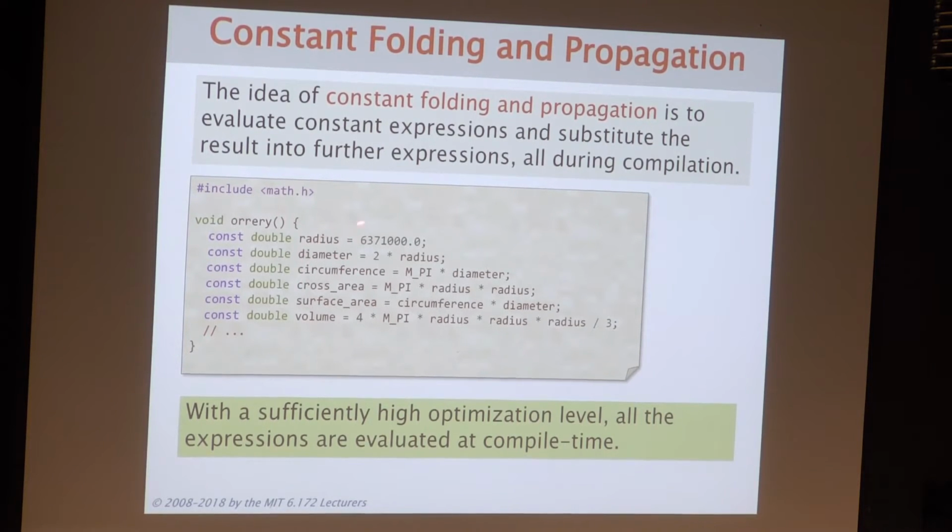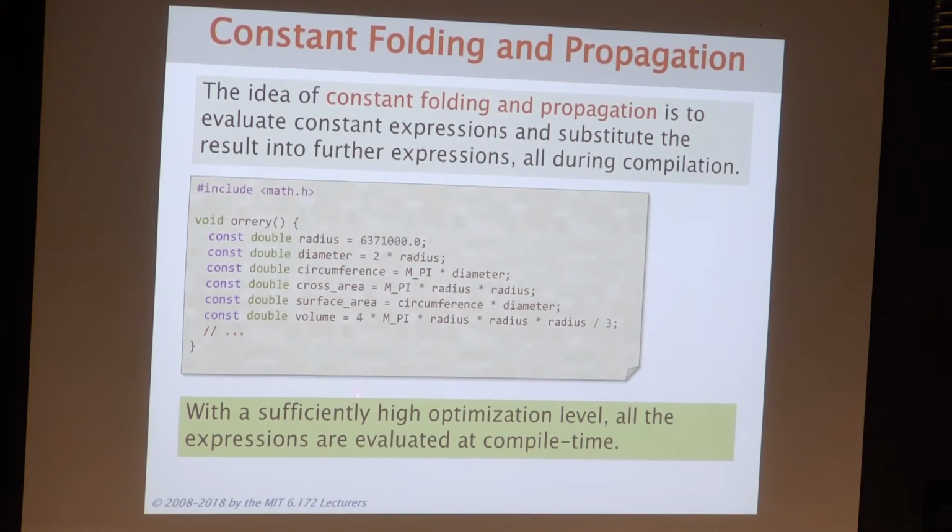So here we set the radius to be this constant here, 6,371,000. I don't know where that constant comes from, by the way, but Charles made these slides, so he probably does. Okay, radius of the Earth.